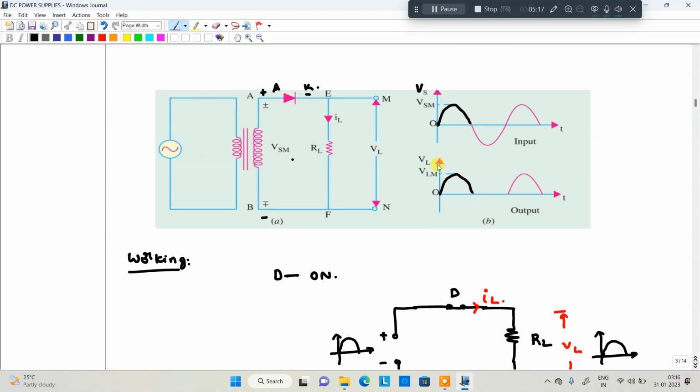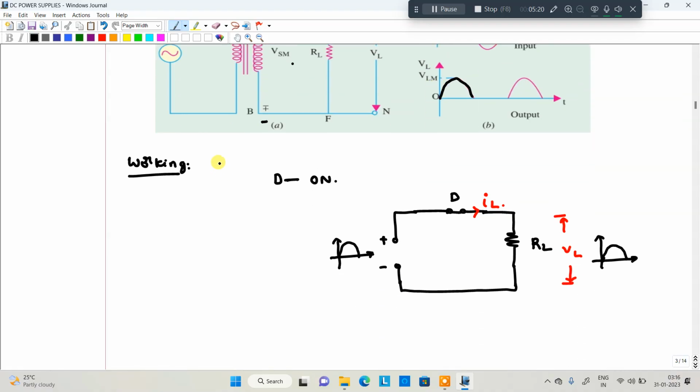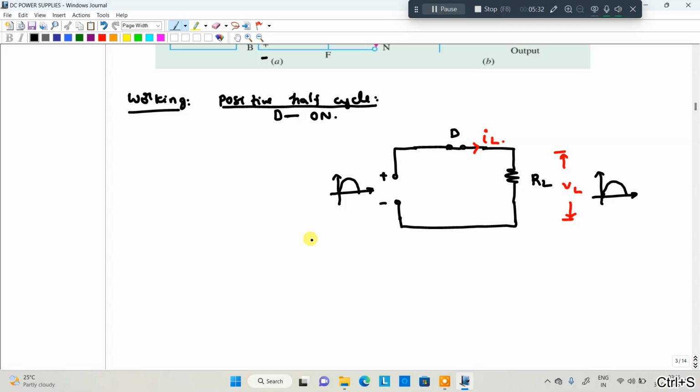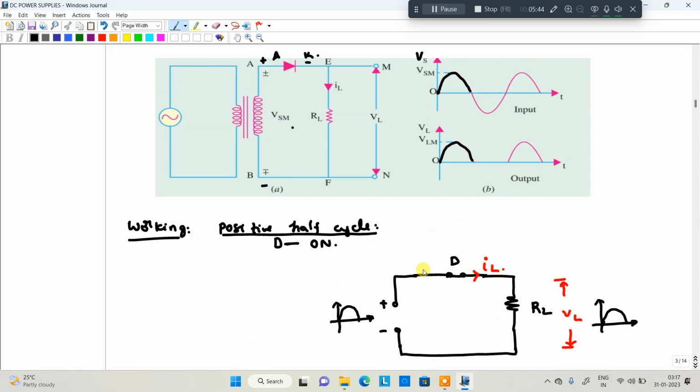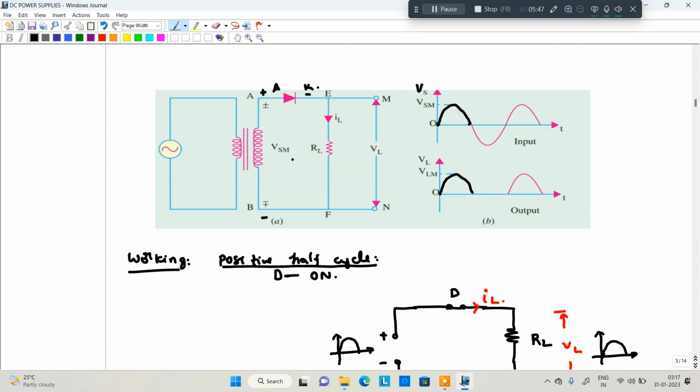That is enough for the working of the positive half cycle. Next, we move to the negative half cycle. Here the anode is connected to negative and the cathode is connected to positive.